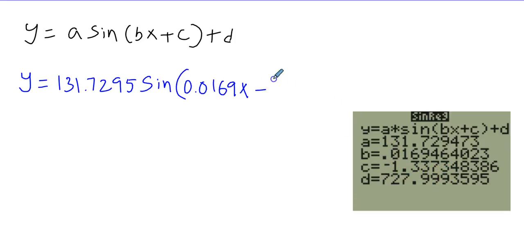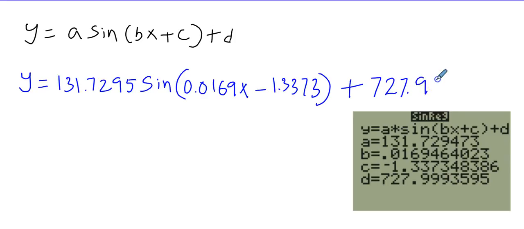1.3373. Close the parenthesis, plus d, that is 727.9935 can be written as 35 changes to 4.